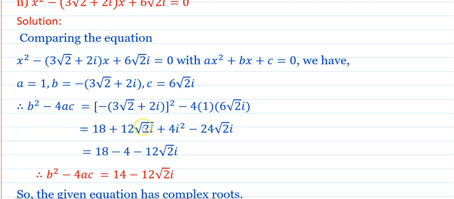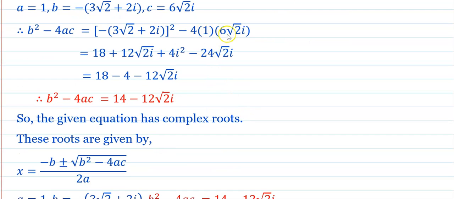Now b square minus 4ac: the square of minus (3 root 2 plus 2i) minus 4 into 1 into 6 root 2i. Now 6 into 4 is 24 root 2i. And the square of (3 root 2 plus 2i): the square of 3 root 2, what is it? It is 18. 3 square is 9, 9 into 2 is 18.